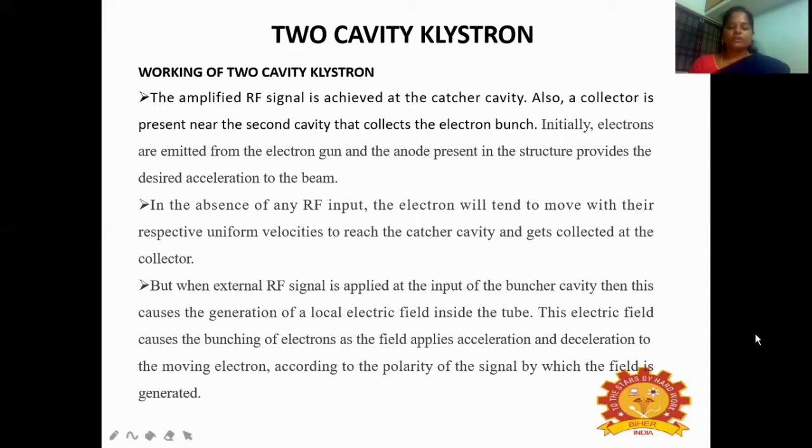This electric field causes the bunching of electrons as the field applies acceleration or deceleration. Either acceleration or deceleration takes place for the moving electron, based on the two halves of the input signal, that is the positive half and negative half cycle, according to the polarity of the signal by which the field is generated.